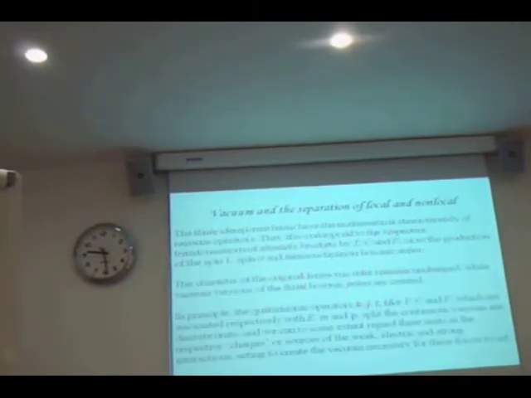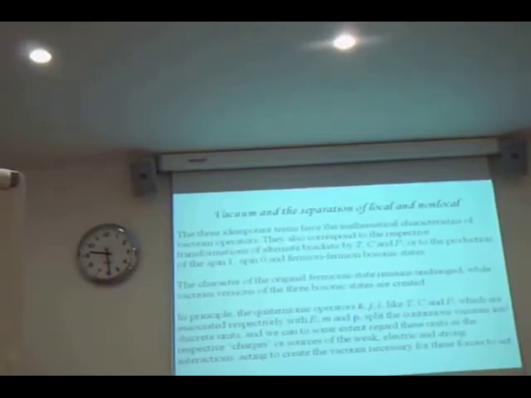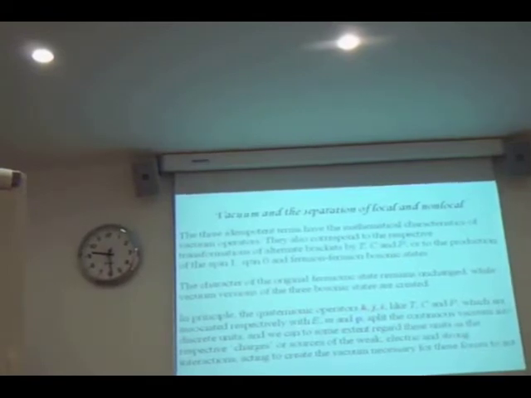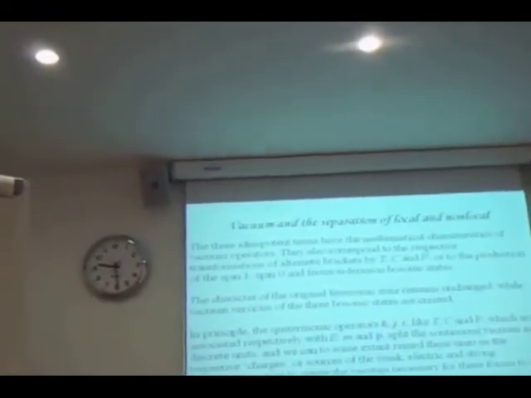So that's the meaning of that little space. They correspond to respective transformations of those. In principle, they're associated with each P and M, and they split the continuous vacuum into 3 discrete units. Effectively, this is what we can understand the meaning of charge to be.